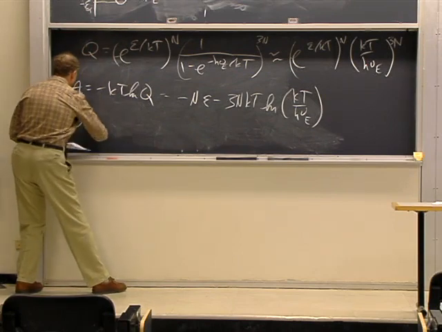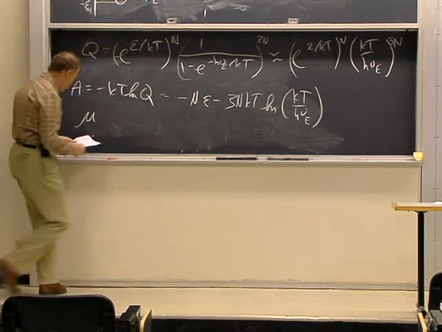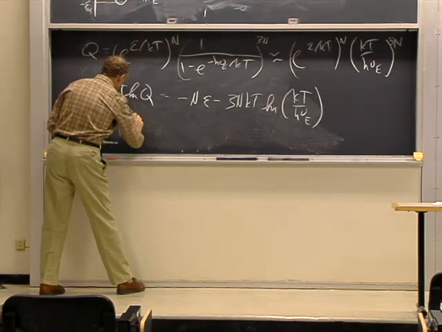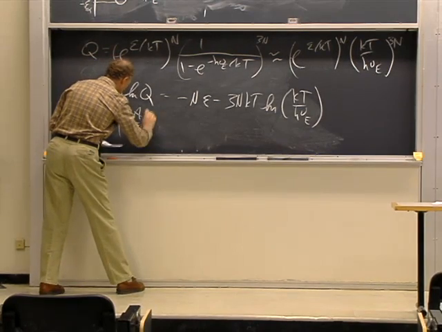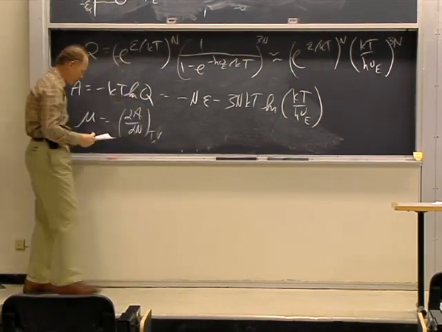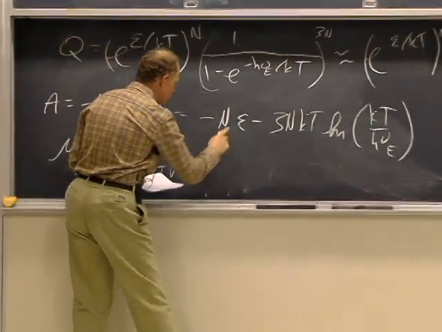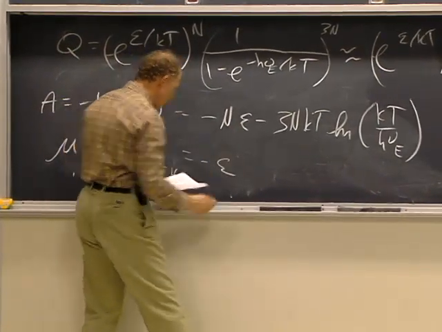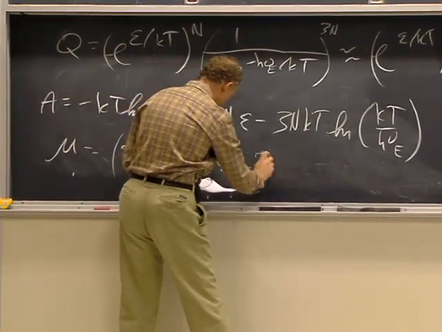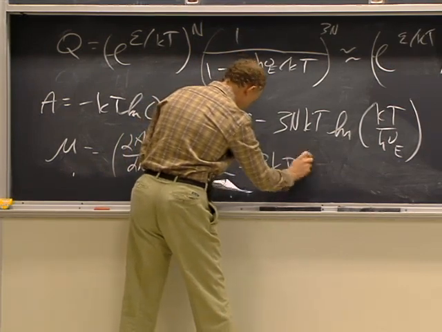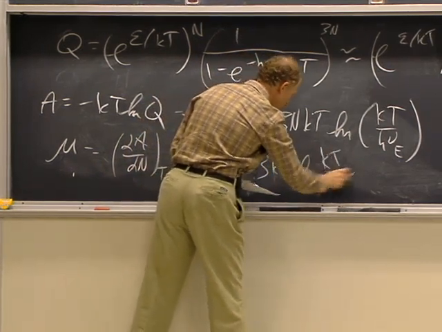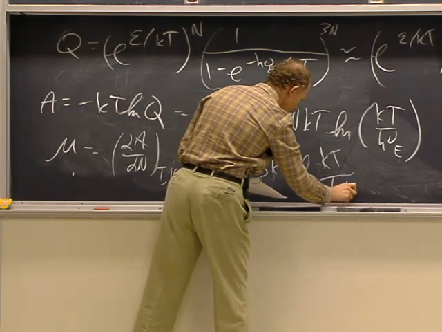And then we can calculate the chemical potential. It's just dA dN at constant T and V. So this goes away. It's just minus little e. This goes away. It's minus 3 kT log of kT over h nu e.